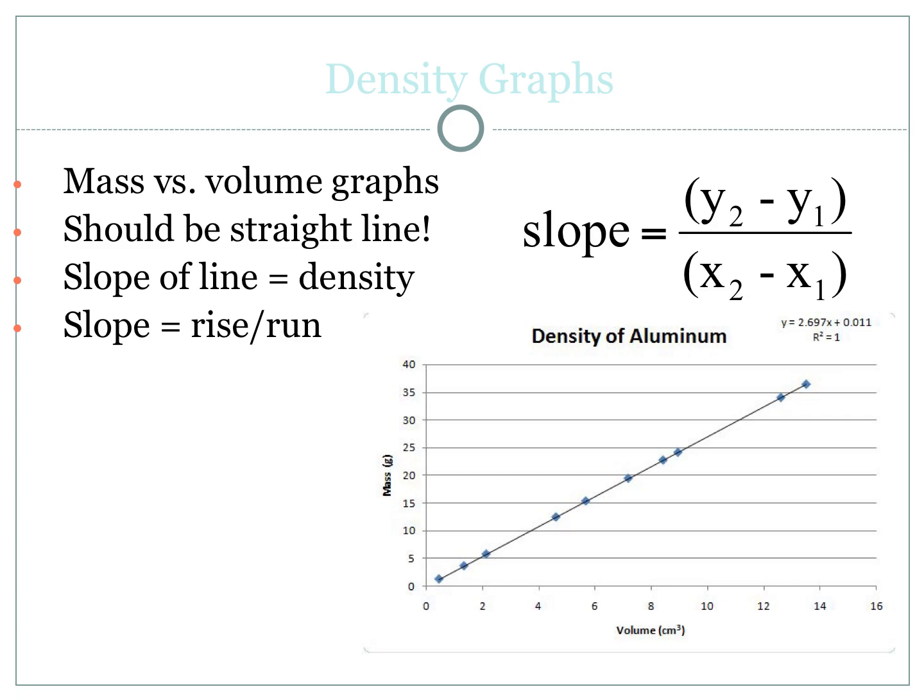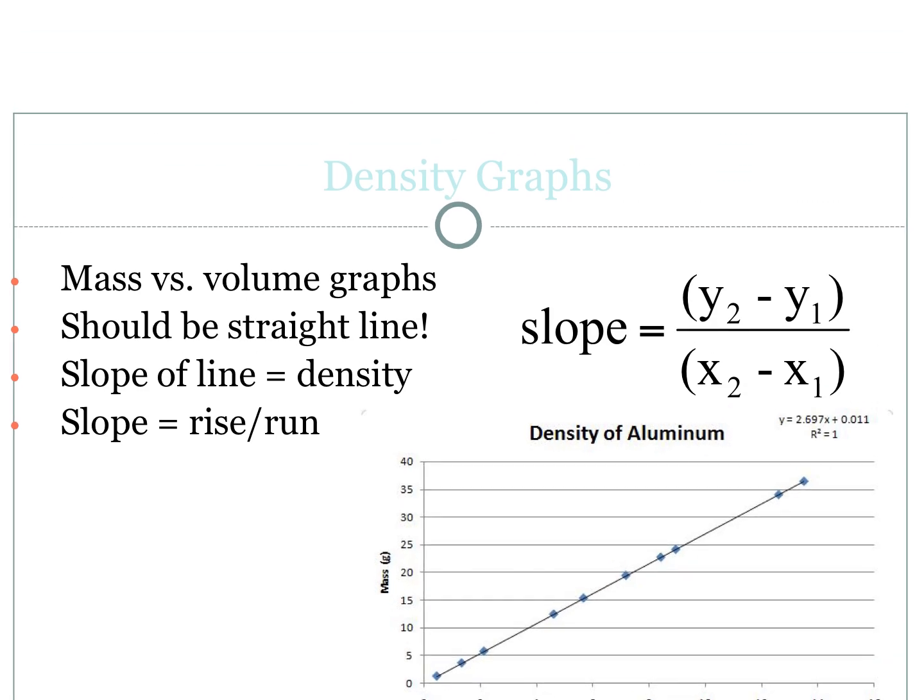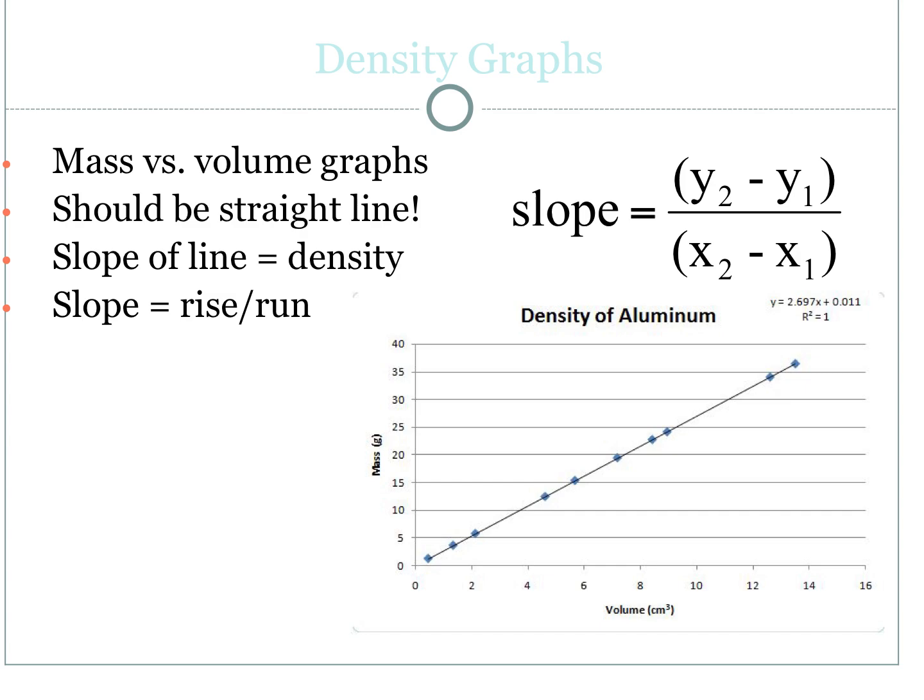So we're always going to want a straight line, and when we have a density graph, the slope of the density graph is the density. We've talked about slope probably in math class, and slope is rise over run. Here's our rise, here's our run.